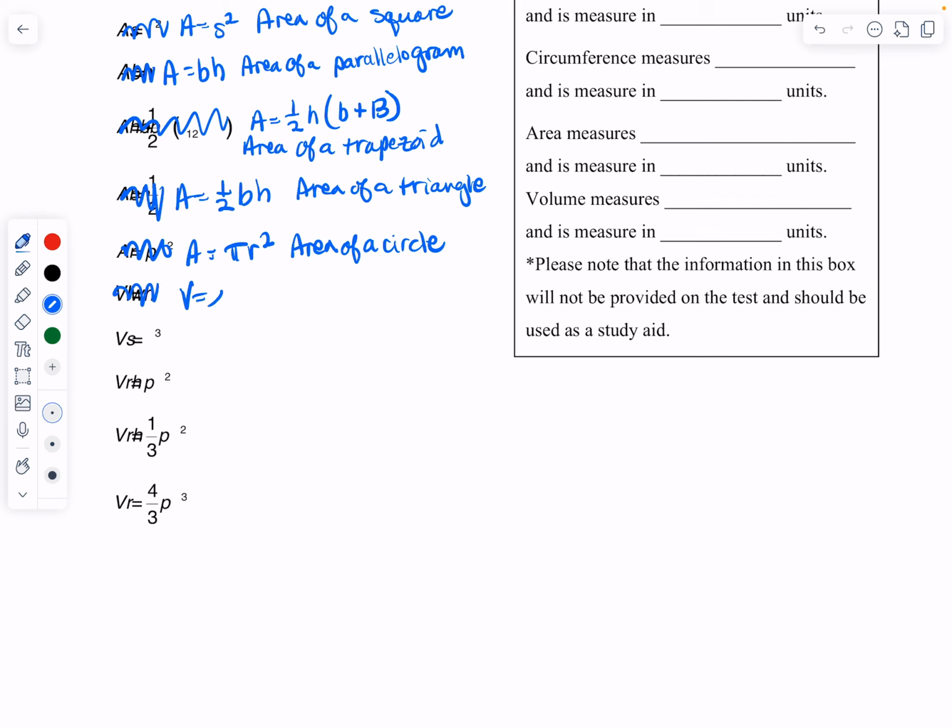So volume equals length times width times height is finding the volume of a rectangular solid. Volume equals side cubed is the shortcut for finding the volume of a cube. And by the way, again, you can use the volume of a rectangular solid to find the volume of a cube. This next one is the volume of a cylinder.